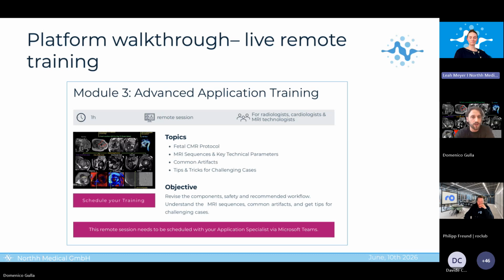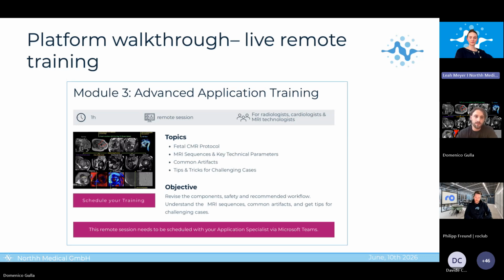And now, going more in details about the platform walkthrough, we go more in details into what it really means to go into module 3 and attend the advanced application training, because as we say, we have this part on our web page where everyone can do their self-paced training, and complete the training before our live remote session.